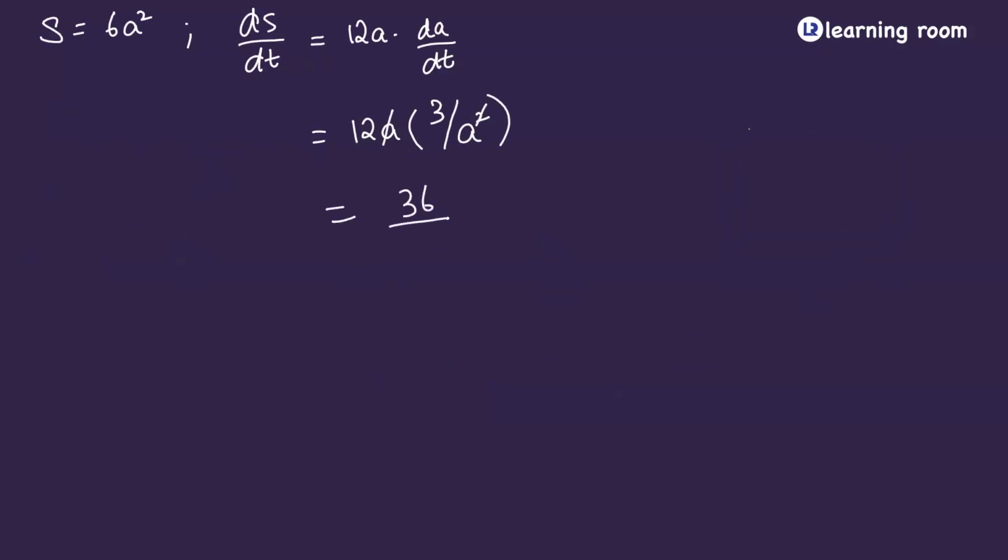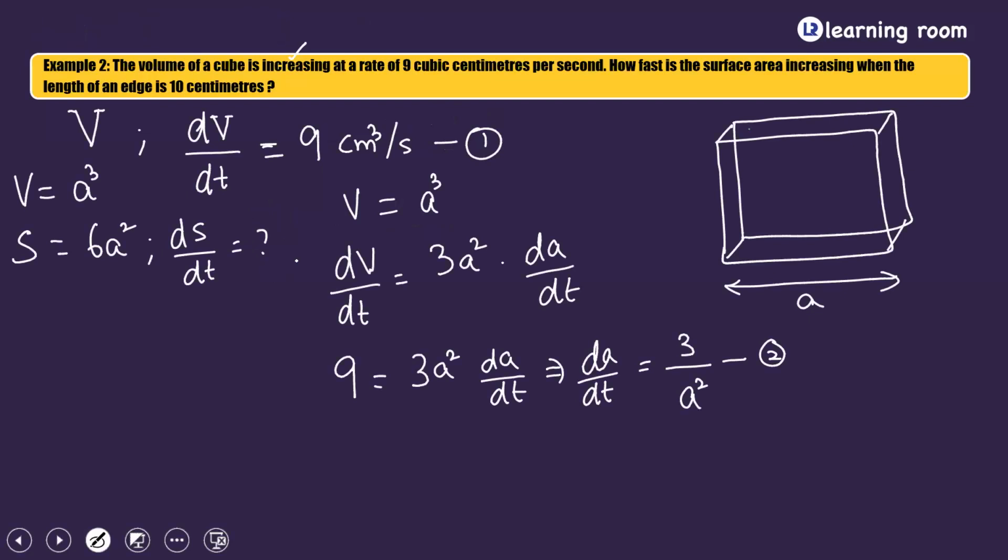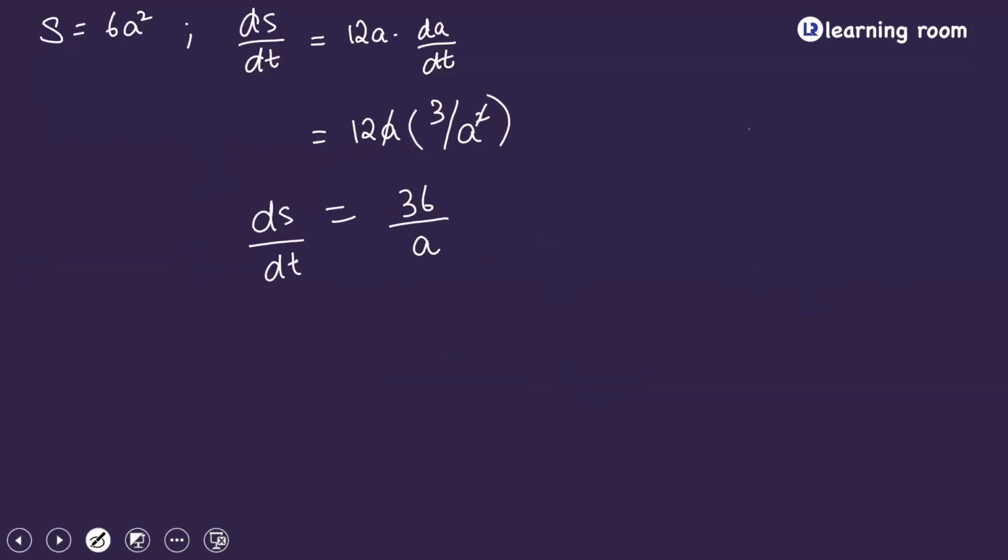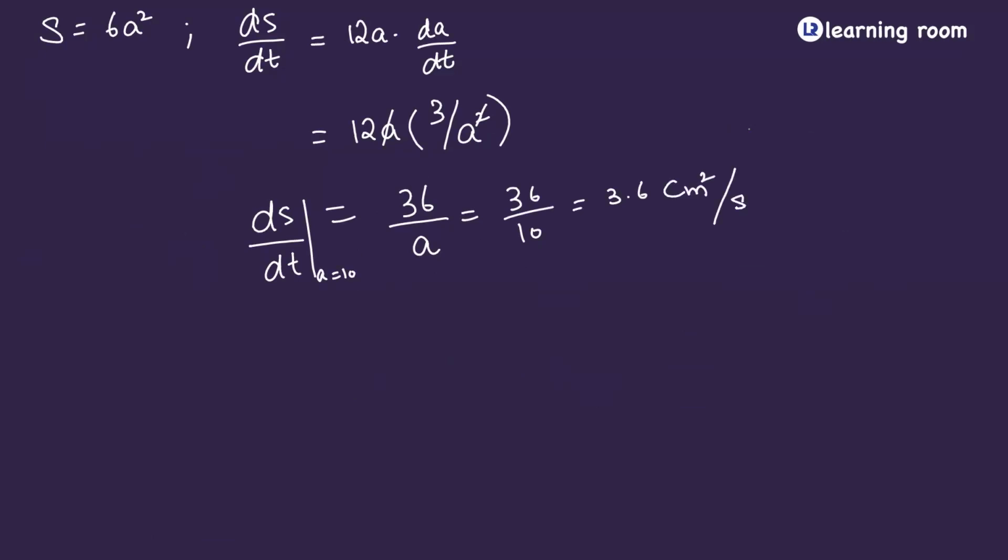I will get the answer as 36 divided by a. But what do I need to find? The dS by dt when the value of a is how much? 10 centimeters. So if I take dS by dt at a equal to 10, all I need to do is write 36 divided by 10, which will be 3.6. What is going to be the unit? Centimeters square per second.